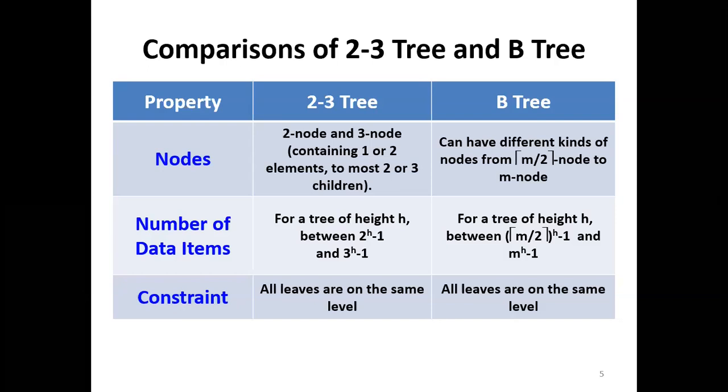Apart from these two properties, the constraint is similar because in both of them, all the leaf nodes must be on the same level. So that's one similarity between the 2-3 tree and the B tree.